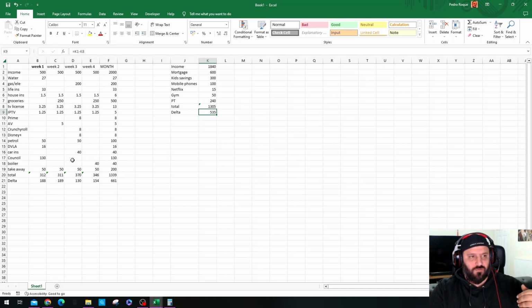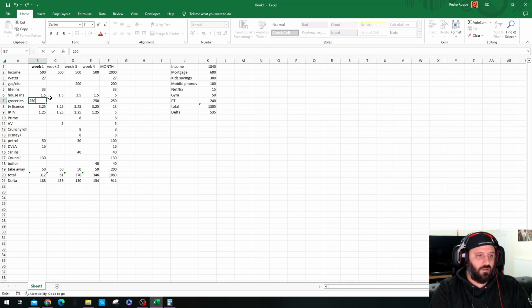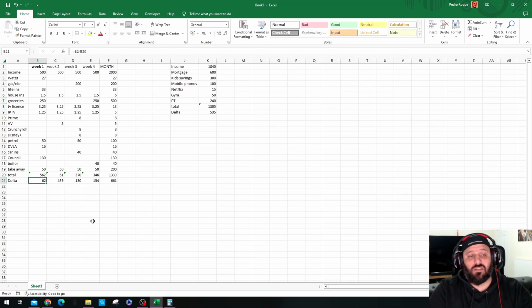But this will give you the chance to see where you need to cut. Let's say, for example, I did something wrong, right? And these groceries didn't go over here, they went over here. I would be on minus 62 this week, which means on week 4 I couldn't save 154.